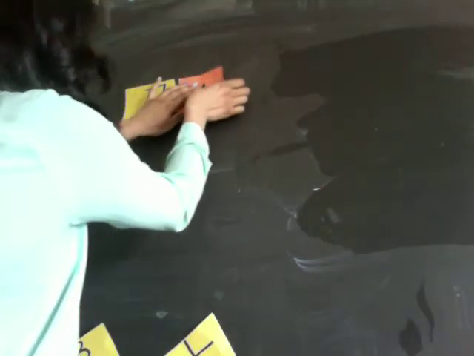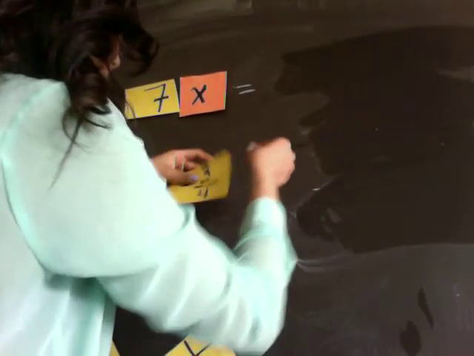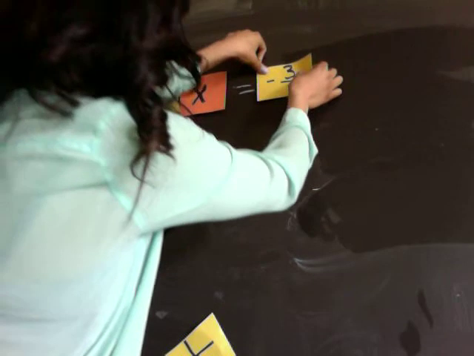Okay, question number 14 says 7x is equal to negative 3 over 4. 7x equals negative 3 over 4.